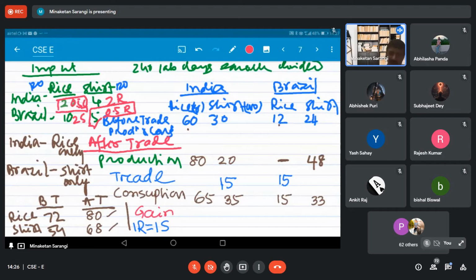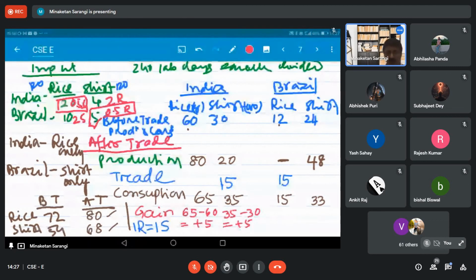So what is the gain from trade? So this will be 65 minus 60. This is equal to plus 5. Similarly, what is the gain from trade in terms of SAT? Consumption is equal to 35 after trade, before trade 30. So this will be plus 5. So India is gaining 5 kg of additional consumption of rice and 5 additional consumption of SAT from trade.